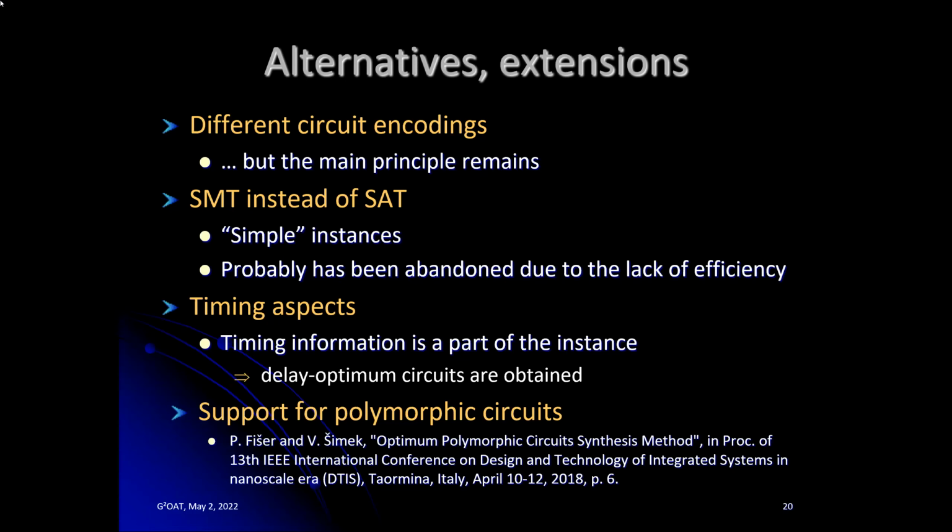For example, so-called ambipolar transistors, which could be implemented by novel technologies, and they can be influenced by some external signals. So that's the job I did for those guys from Brno, also from the Faculty of Information Technology in Brno.